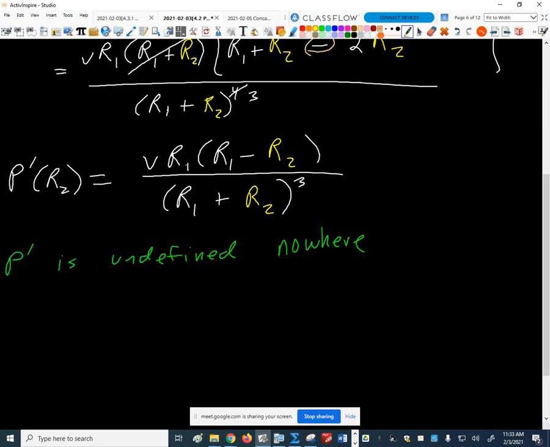Where is it equal to 0? What's going to be the value of R2 that's going to make the top 0? Lily, what's going to be the value of R2 that's going to make the top 0? Wouldn't it equal 0 when this is the only factor in the top, when that factor is 0?